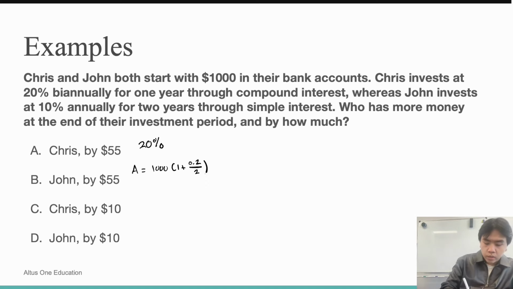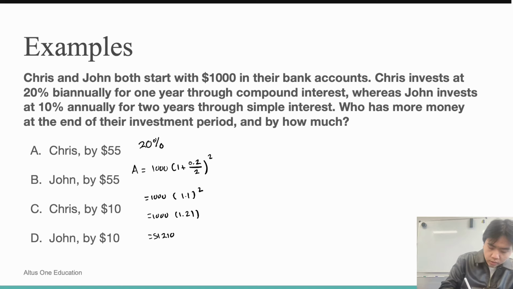So 2 to the power of n times t. My n is 2 and my t is 1, since this investment lasts 1 year. So 2 times 1 is just 2. We can do 1,000 times 1.1 to the power of 2. That means 1,000 times 1.21, which is equal to $1,210.